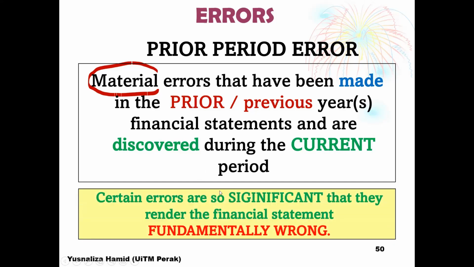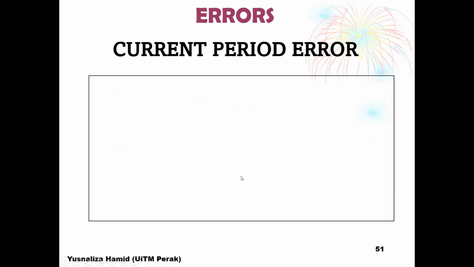Certain errors are so significant that they render the financial statements fundamentally wrong. So they will not show a true and fair view, and the financial statements are showing information which is not reliable to the users, and not faithfully represented.